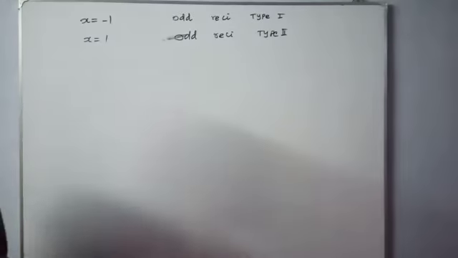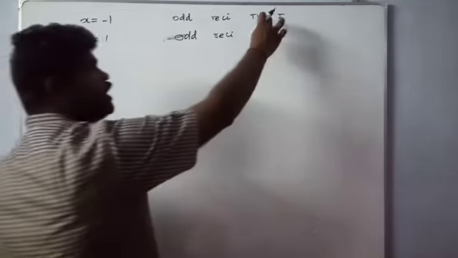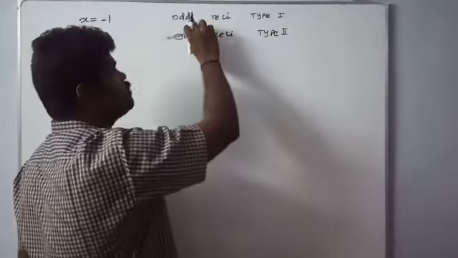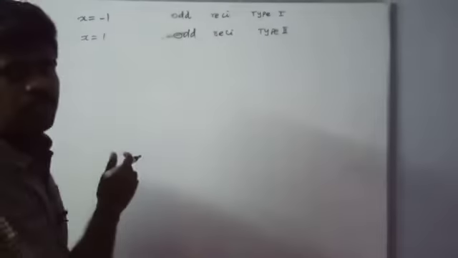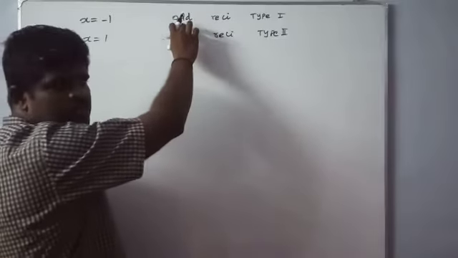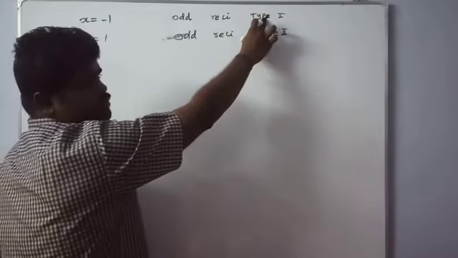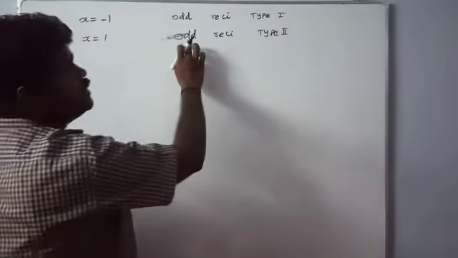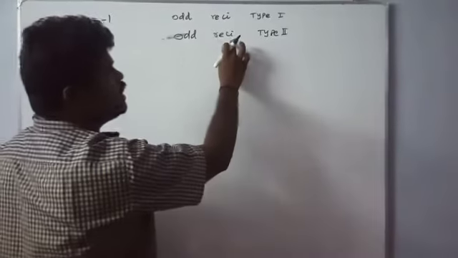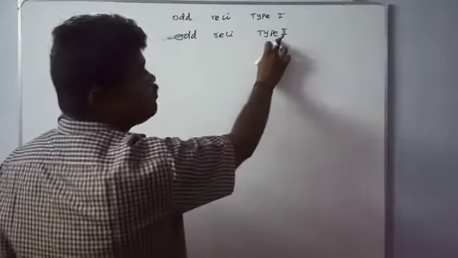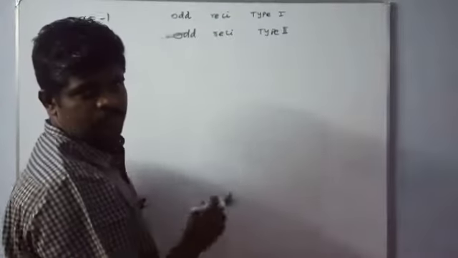Directly we can take. Okay, already you know type 1, type 2. The degree must be odd or even. If the leading coefficient is odd degree, and the equation is a reciprocal equation of type 1, x equal to minus 1 is a solution. And suppose the equation is an odd degree reciprocal equation of type 2. Type 2 means minus signs.